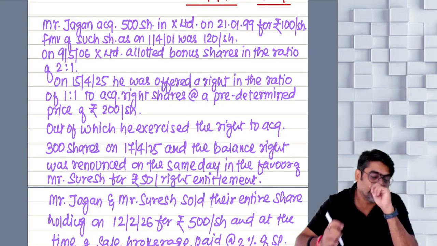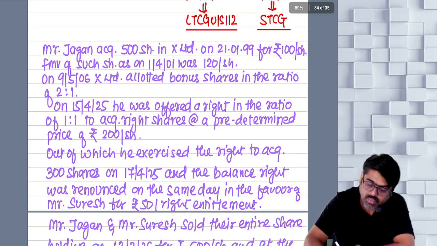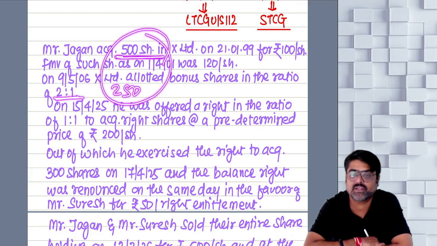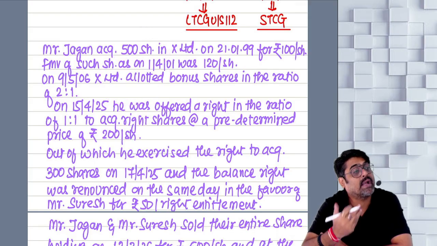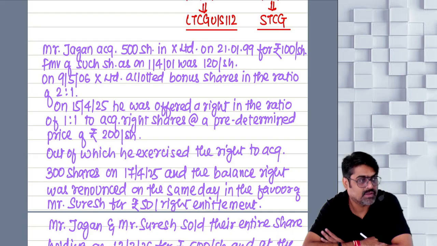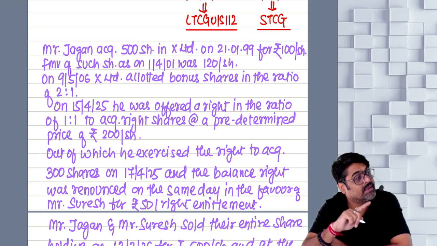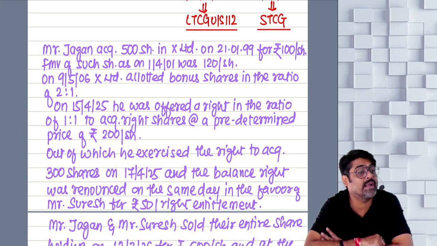Now see, how many shares are you having? You are having 500 acquired shares and you also got 250 bonus shares. So in total you have 750 shares, and you get a right to acquire right shares in the ratio of 1:1, meaning 750 shares you can acquire as right shares.